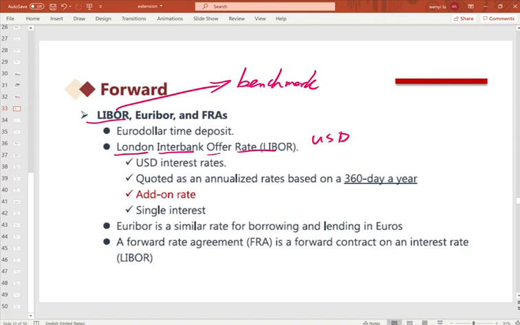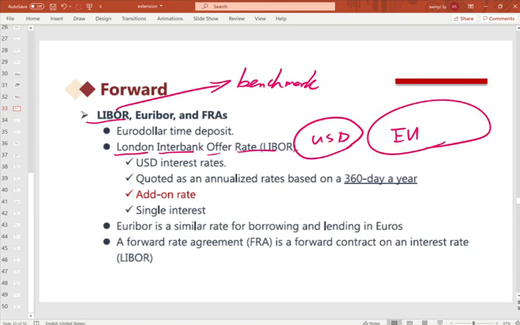That means US dollars not used in the US, but used in a foreign country, for example in the EU, or maybe in Asia, in Japan, in China. Even though the US dollars are issued domestically in the US, they will be used in a foreign country. So we will use LIBOR as a benchmark interest rate. The London Interbank Offered Rate is not for the euro, be careful. LIBOR is for US dollars, a US dollar interest rate.